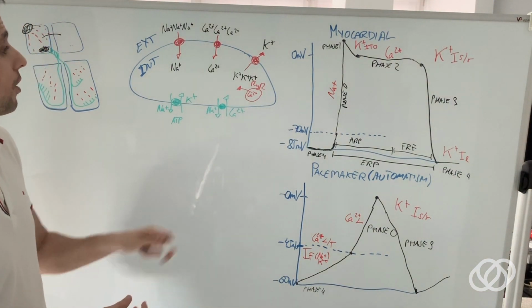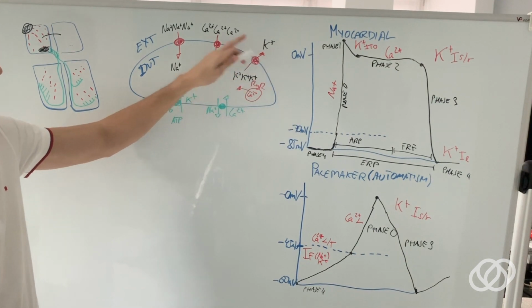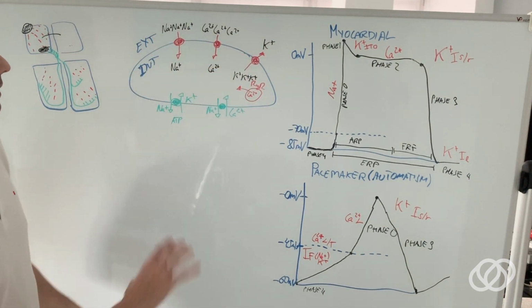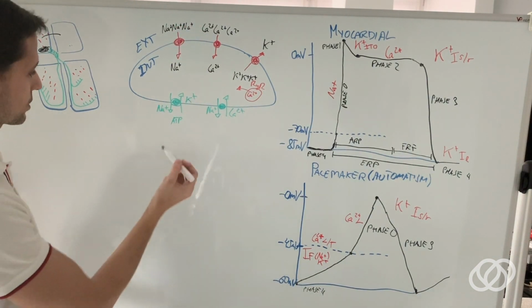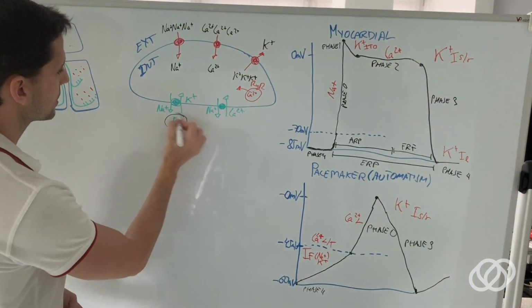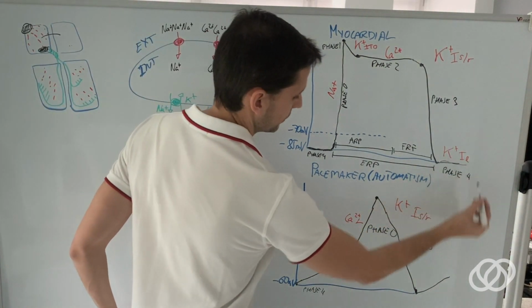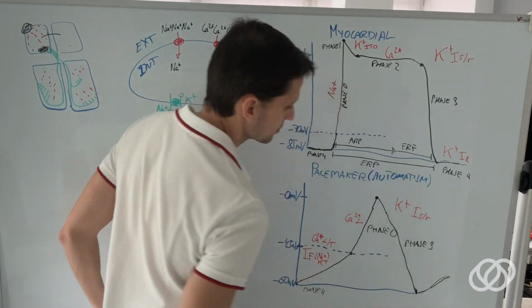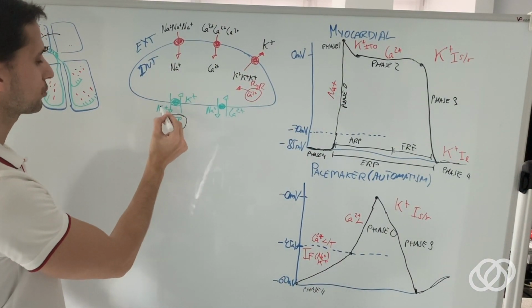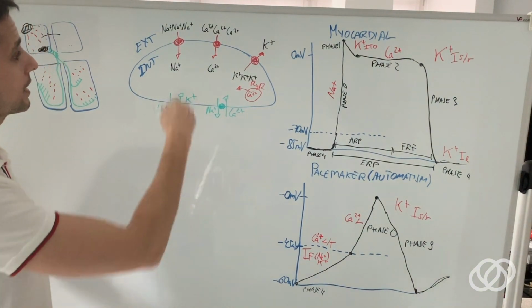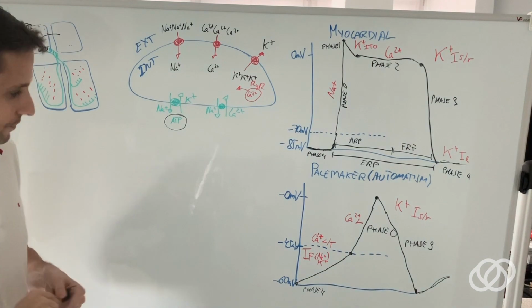Otherwise, in the end, all the potassium will finish in the outside of the cell and will balance, and there will be no gradients. And the same with the sodium. So there is something, and in this case we need energy for that, during this phase 4, both here and here, is putting some potassium in and sodium out to make a balance, so that we could still have gradients from the inside to the outside of the cell.